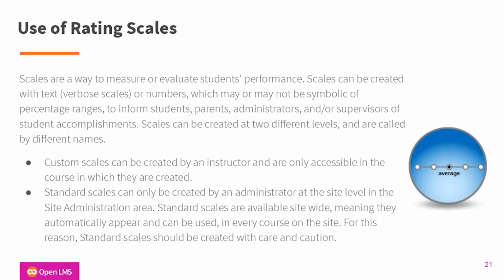You might just want to have rating scales, meaning I want a student to be graded on pass or fail, or you can even create your own custom rating scale, as you can see here.